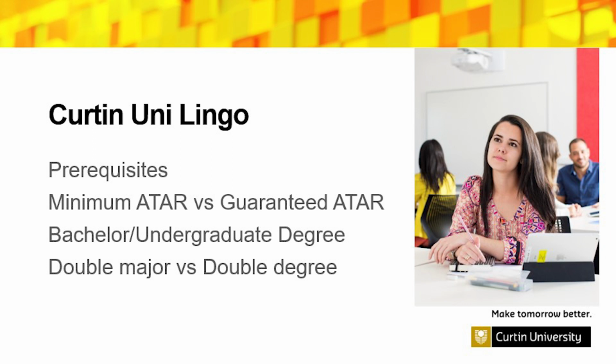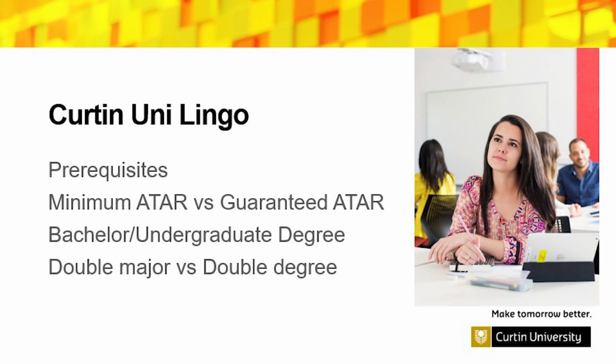Minimum ATAR versus guaranteed ATAR. So we have a few courses across uni that are quite popular, and we have a cap of the amount of students that we'll allow into that course for a multitude of reasons, and it typically is those health sciences courses such as physiotherapy, medicine, nursing, amongst a few. And what that means is that we have to be a little bit more careful when we select the students who actually gain entry into those courses.